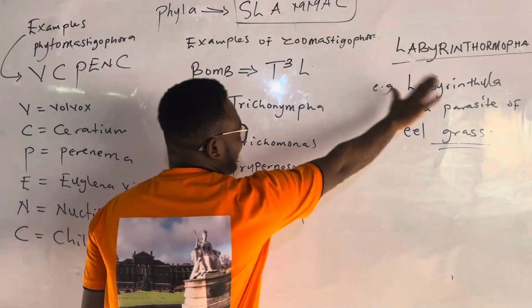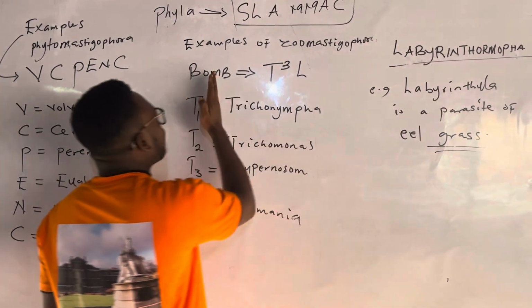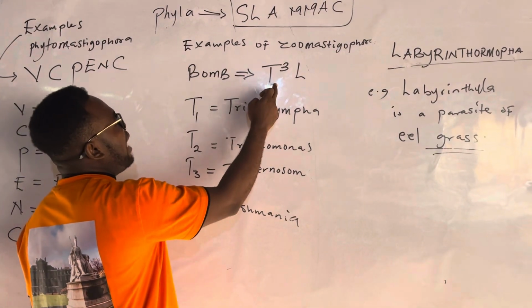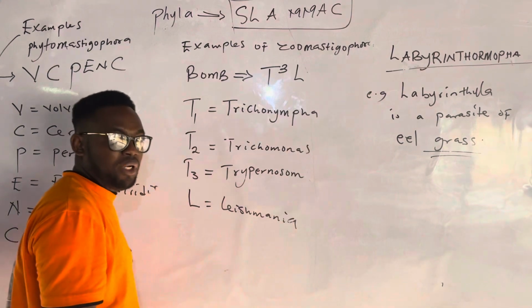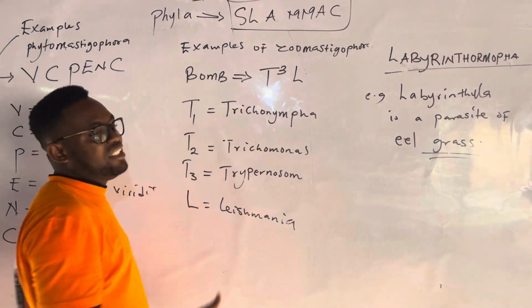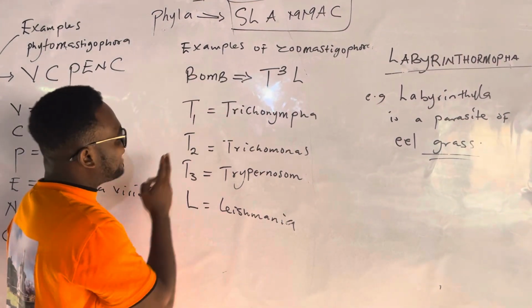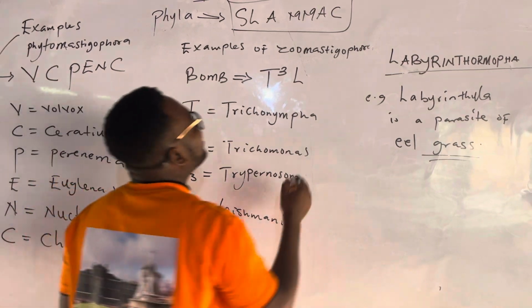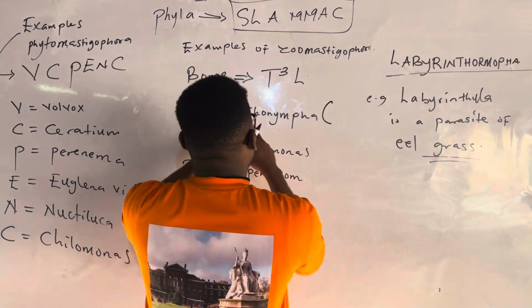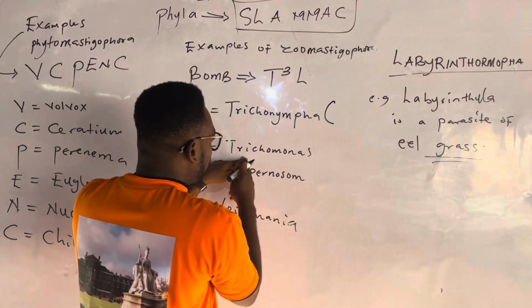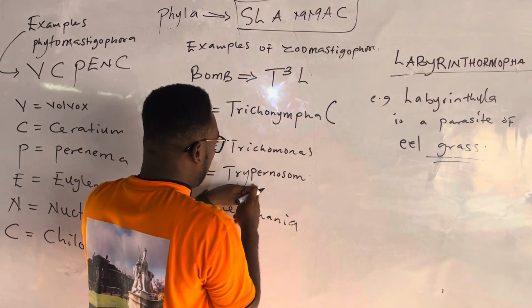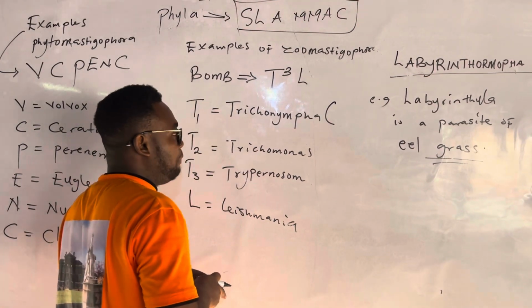Leaving that behind, that is all we will take on this. Coming back to the T-cube-L, which are examples of Zoomastigophora, everything you are seeing here is a parasite. Parasite of what and what? Trichonympha, Trichomonas, and Trypanosome.